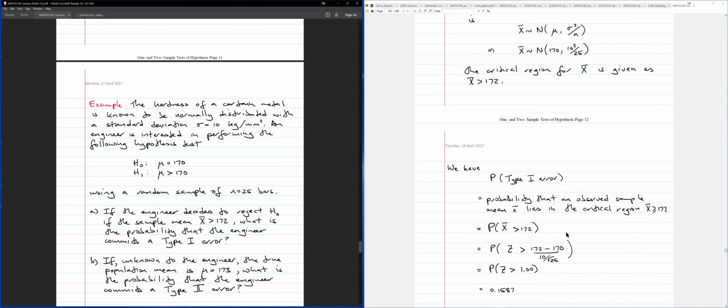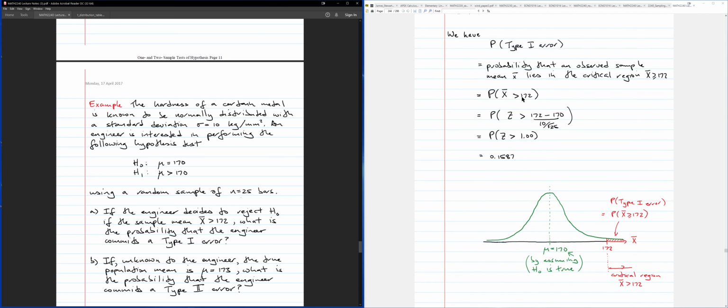So the probability of a type 1 error is the probability that the sample mean lies in the rejection region, which is just the probability that the big X bar is bigger than 172.